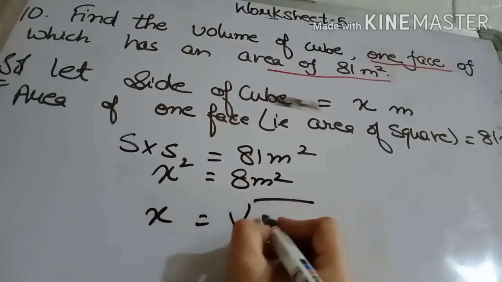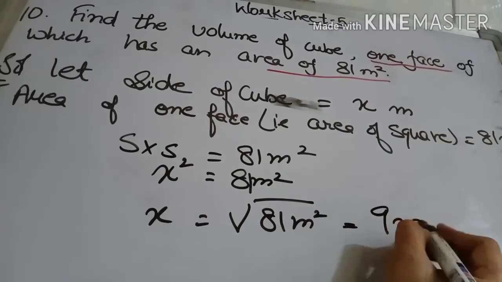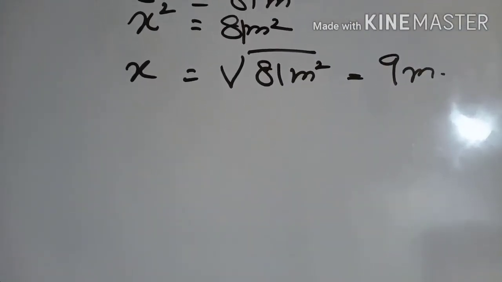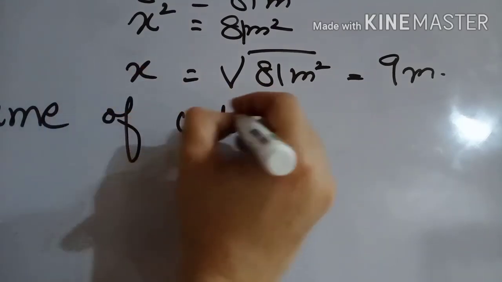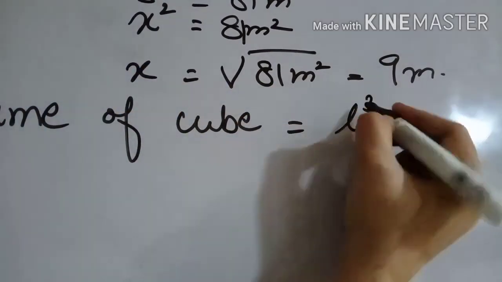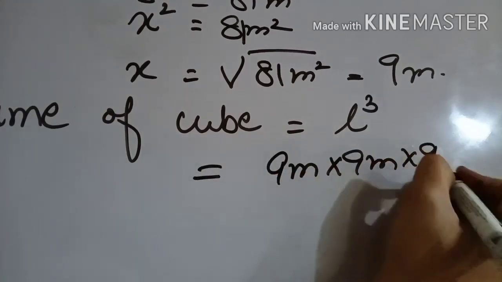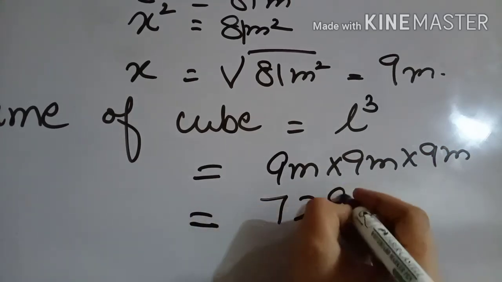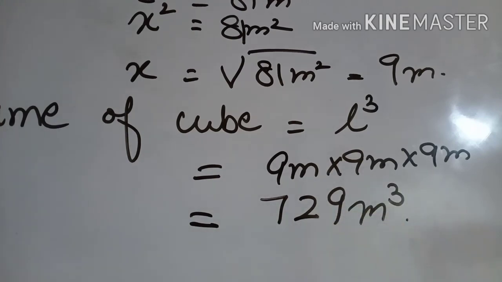X is equal to square root of 81, that is equal to 9 meter. We are getting the side of the cube. Now we can find the volume. Volume of cube is equal to L cube, that is side cube, 9 meter into 9 meter into 9 meter. 9 nines are 81, 81 into 9, 729 meter cube. Hence the volume of the cube is 729 meter cube.